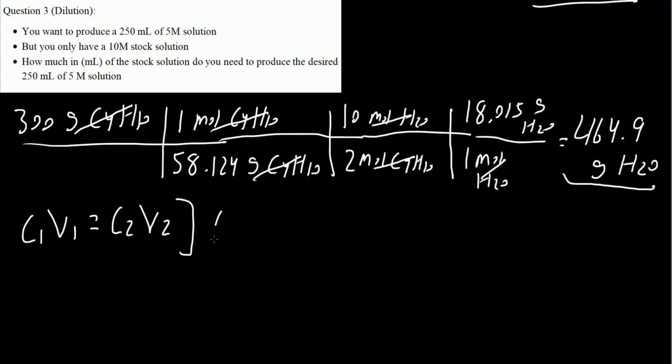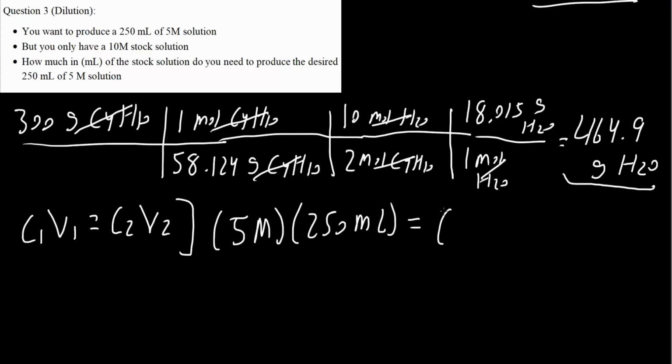Concentration 1 is what we know. Molar is moles over liter, so that's a concentration. You can write 5 M times volume, 250 mL. Now, this is a liter and this is a mL. It's okay in this case, if you're using the shortcut, to ignore this difference, because the other side also has the same issue, where you're dealing with molarity and milliliters.